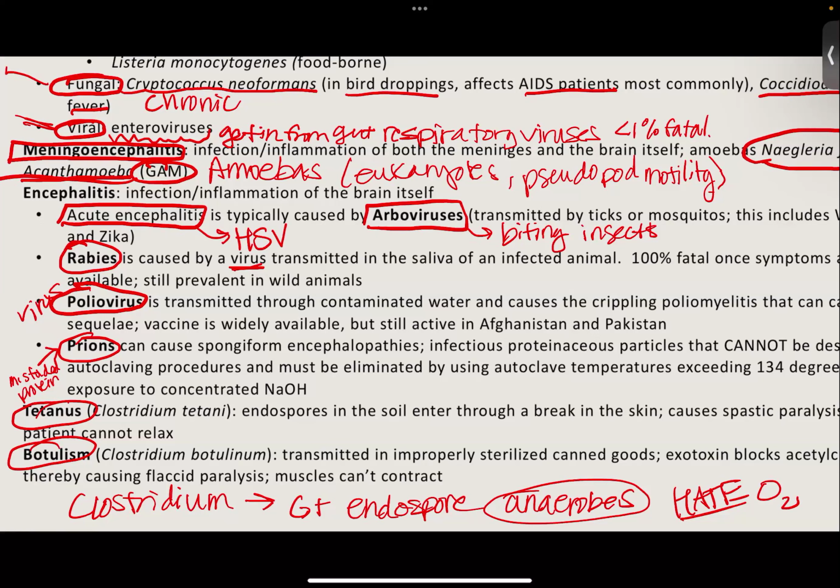We have endospores for tetanus hanging out in all of your soil right now. Endospores for botulism hanging out in your house probably right now in your regular environment. The endospores are hanging out, but they're not making you sick right now, are they? Because they can't come to life and make their toxins when they're in endospore form. Because when you're in endospore, you're completely dormant.